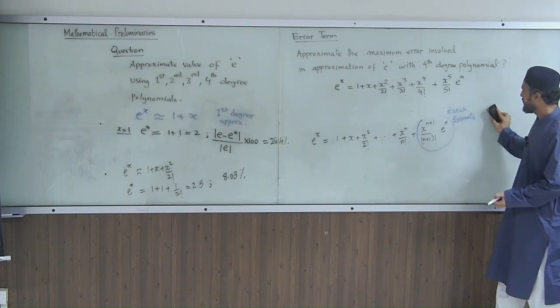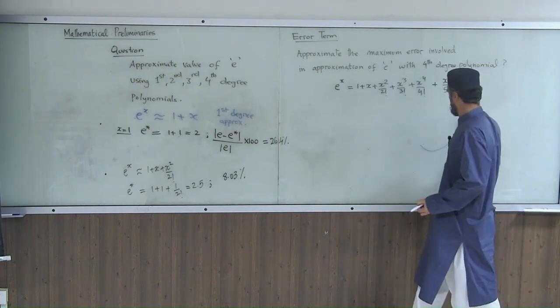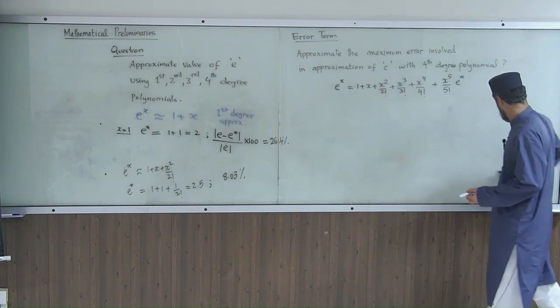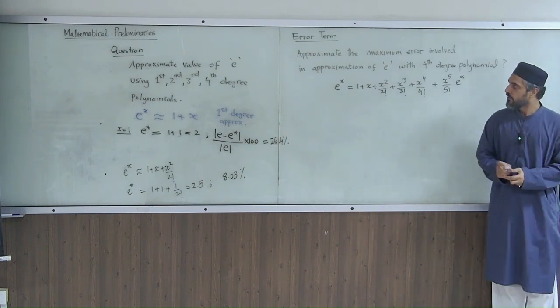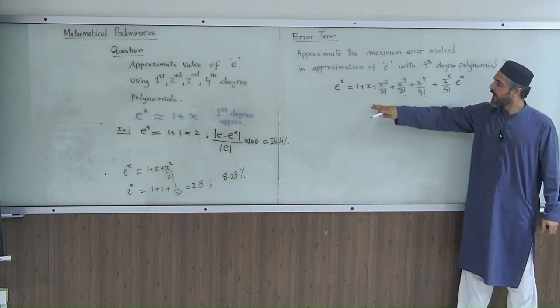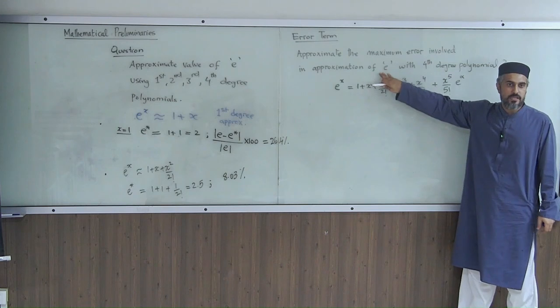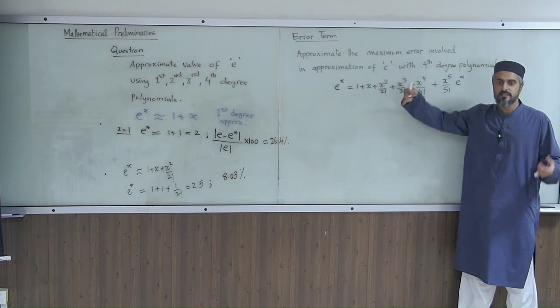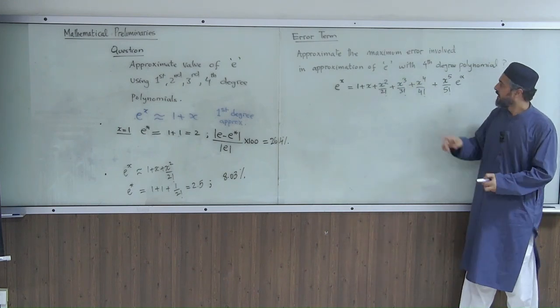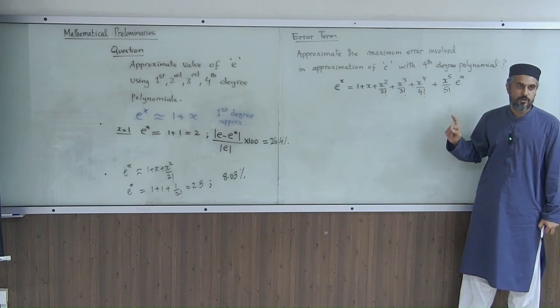Okay, so now I don't need this, so I have its finite representation. So the question says, when you try to approximate e, what is the maximum error we can have with a fourth degree polynomial?